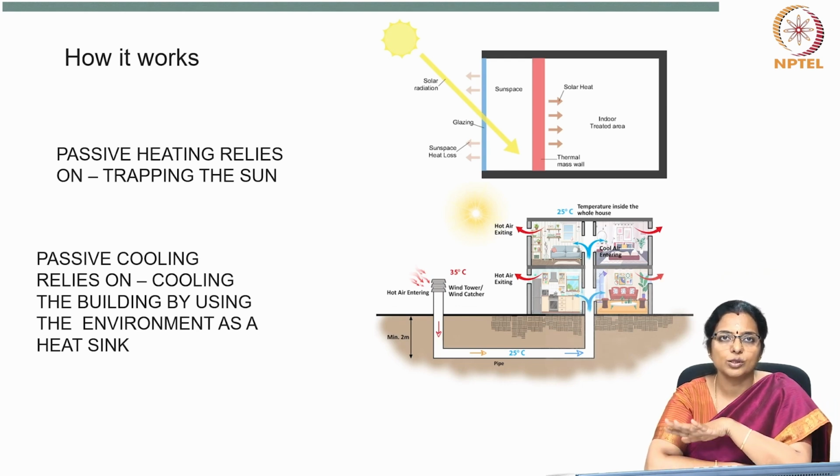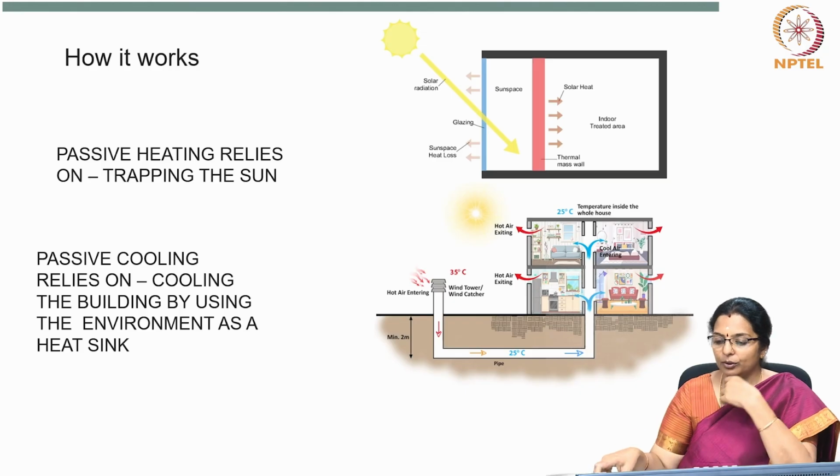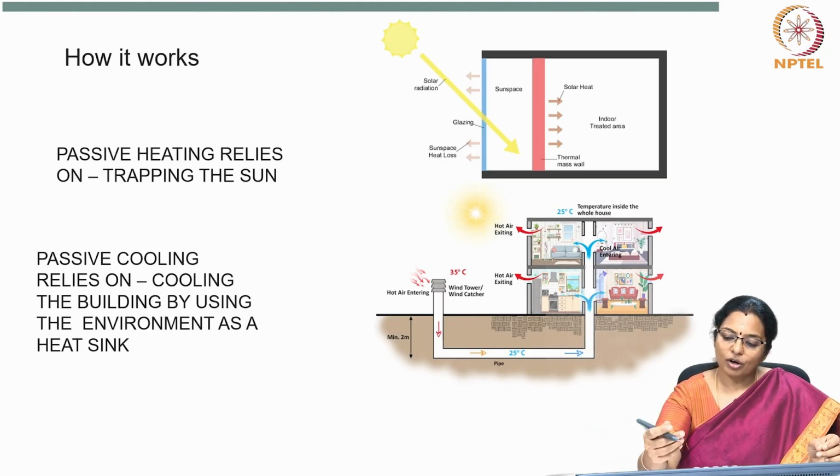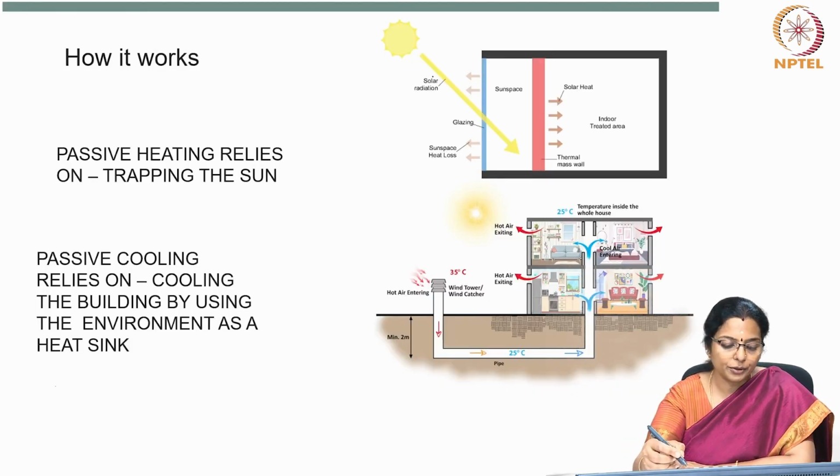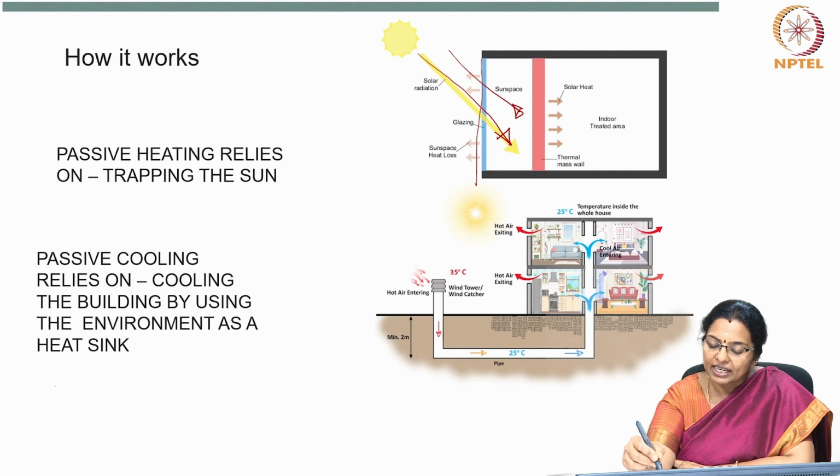Now, how does this work? Passive heating relies on trapping the sun. Here you can see that, in order to have passive heating, the glazing is oriented towards the solar direction, so it traps the heat in a sun space.